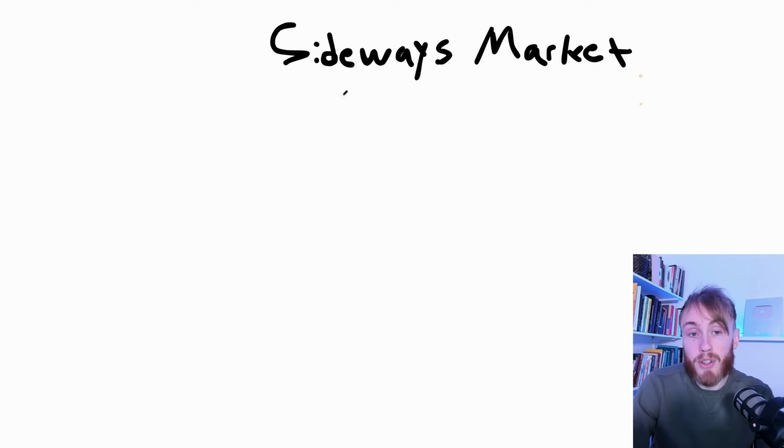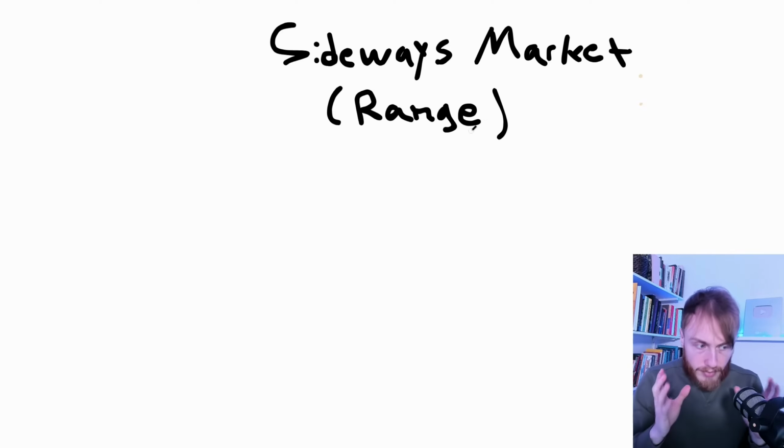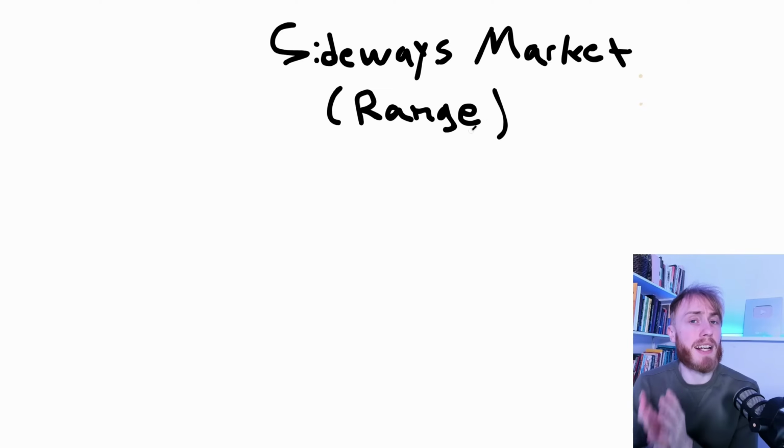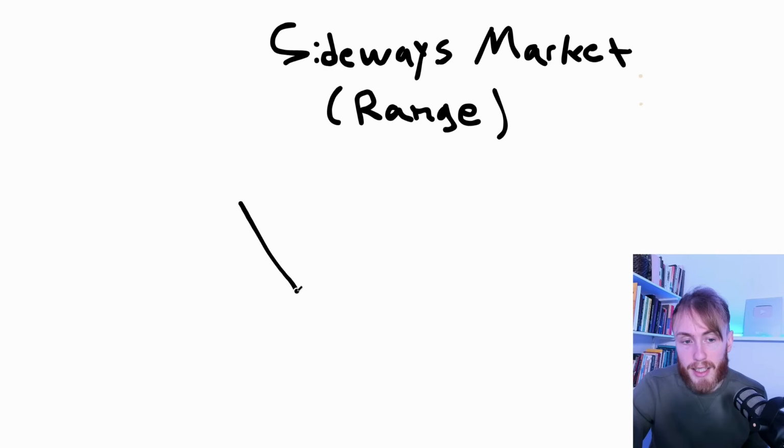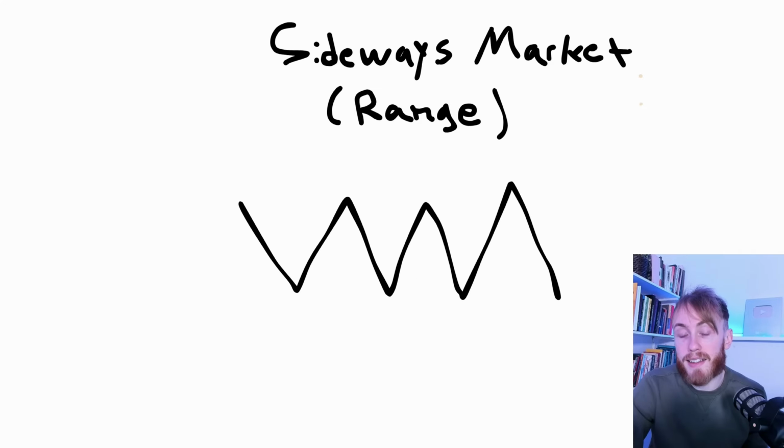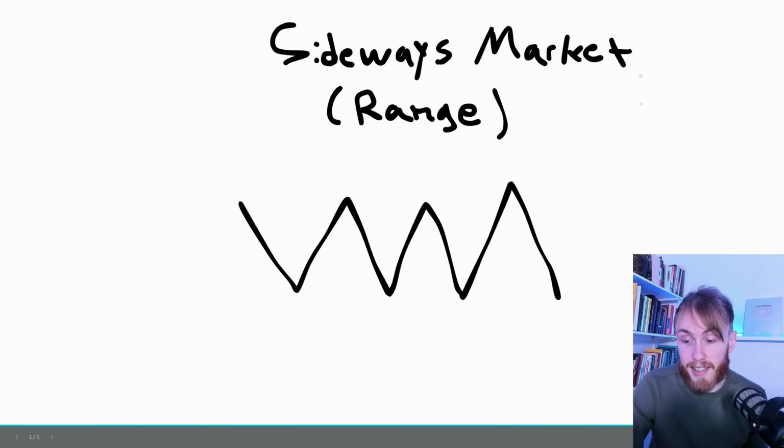So the sideways market, or another word for this, remember, is trading range. And here, the sideways markets can actually be a little bit more complicated than the uptrend and the downtrend, because many people, when they think about sideways market, they think about a market that simply has the lows and the highs at the same level.